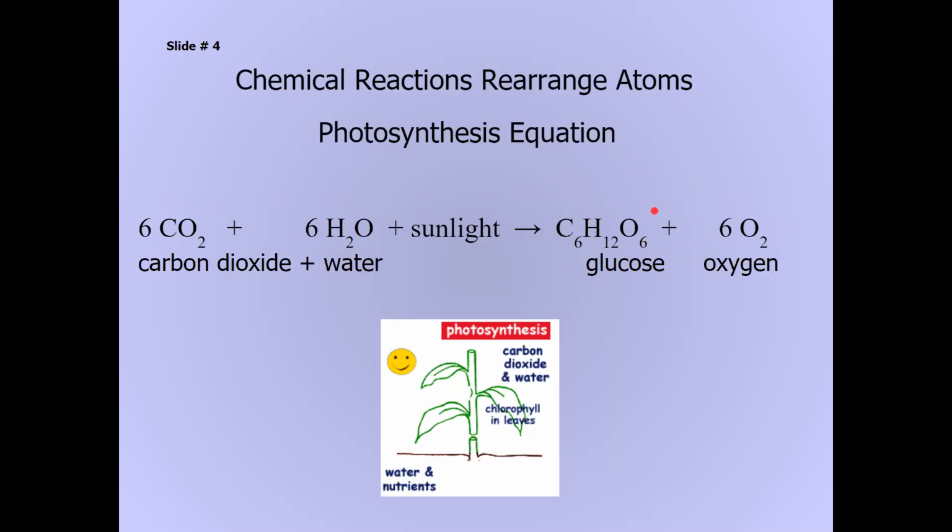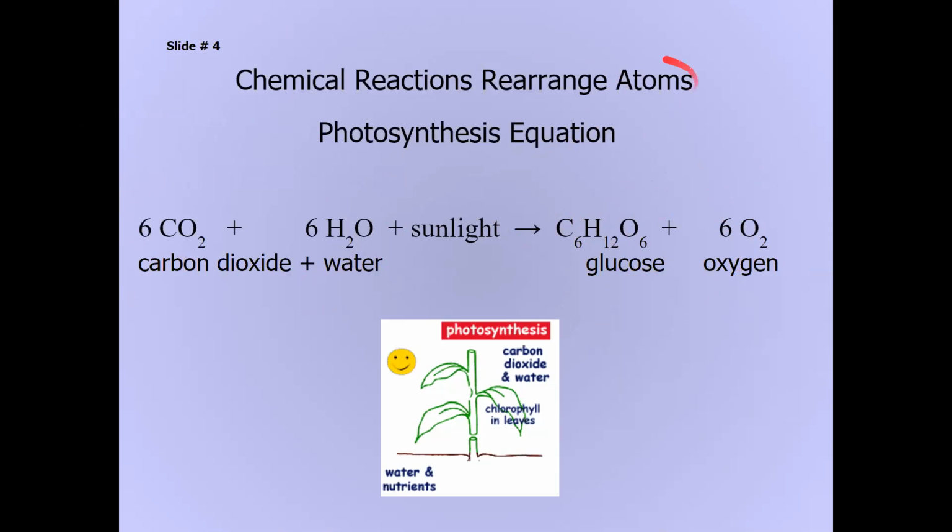So in a chemical reaction, while we may make new chemicals, new substances in the products, what we cannot do is make new atoms, right? Notice there are no atoms over on the products that we did not start off with in the reactants, right? We didn't all of a sudden get a nitrogen mixed in over here, right? There's no neon or aluminum that got added to make glucose or oxygen.